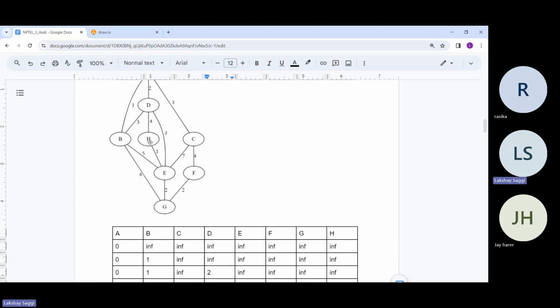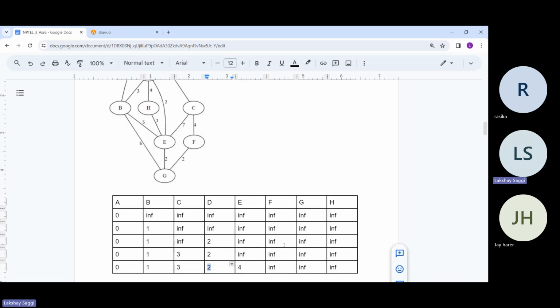So actually you can see that while doing this iteration, this H to E will be the closest path H can take. So this will result in a path of length 5. And similarly, you will also realize that F and G will be further away.